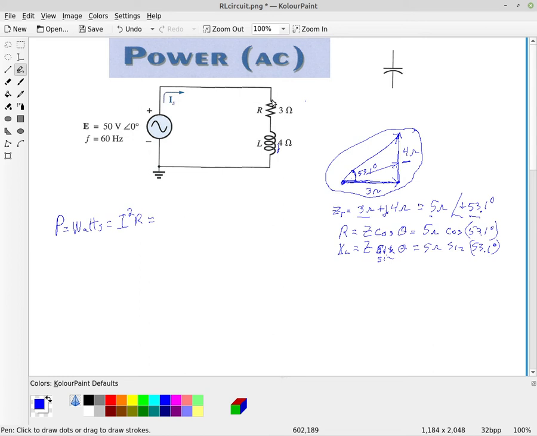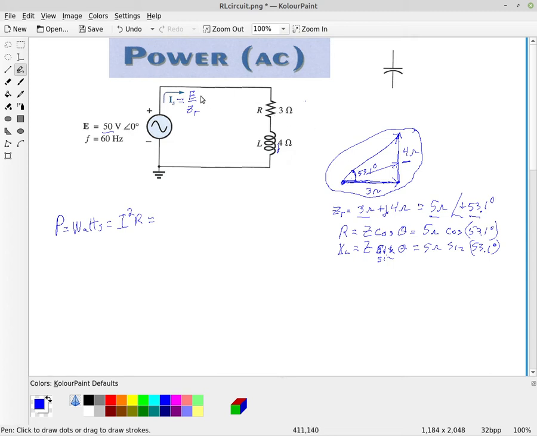Or we can calculate it if we calculate our current I. By the way, let's go ahead and calculate the total current here, I, using Ohm's law, which is E divided by Z total. This is 50 volts, and the impedance is 5 ohms.